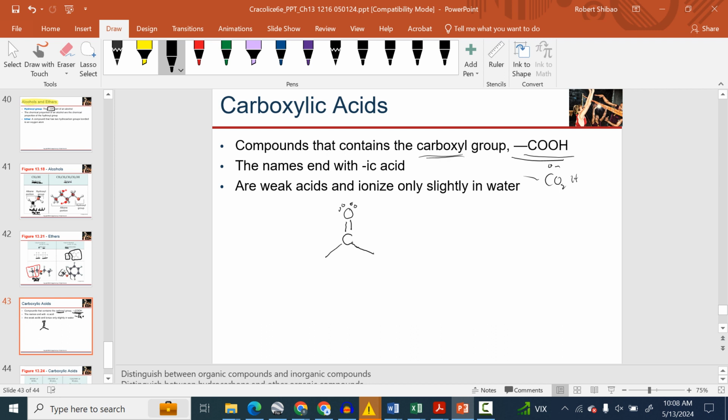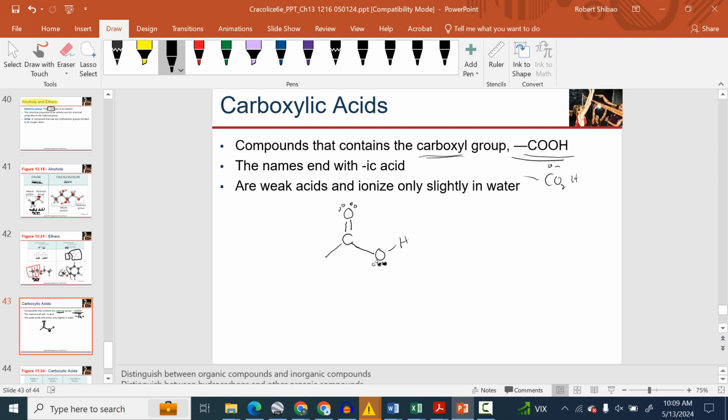And so we'll have this tetrahedral EG, electron group geometry, but bent molecular geometry.